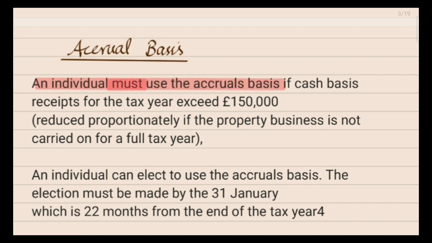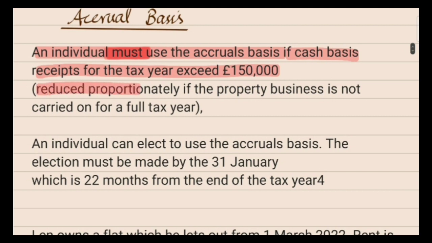An individual must use the accrual basis when cash basis receipts for the tax year exceed 1,50,000. आप कैश बेसिस पे कर रहे थे, लेकिन आपकी जो कैश बेसिस रिसिप्ट हैं वो 1,50,000 से बढ़ गई हैं, then you must use the accrual basis. It is reduced proportionately if the property business is not carried on for a full tax year. सो अगर आपके पास प्रॉपर्टी बिजनेस साल में 6 महीने के लिए किया गया है, तो इन दैट केस ये जो लिमिट है 75,000 हो जाएगी.